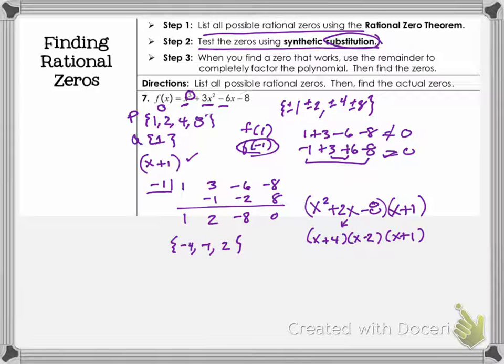Okay, so I used P over Q to see which things to try. It's literally guess and check, but you don't have to guess that many. You have these choices to check, and always check 1 and negative 1 first, because they're the easiest to do, and many times those work, especially with problems that you're given here.